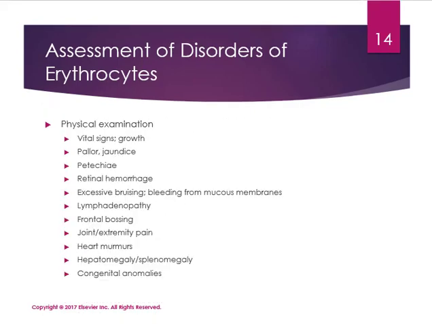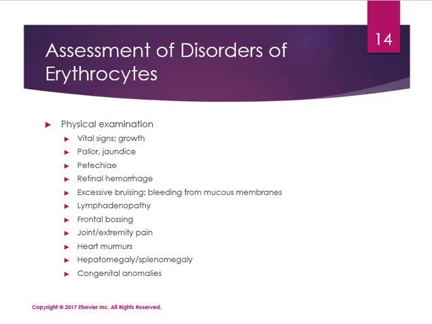On physical exam, you want to, of course, assess vital signs, compare growth charts, and see patterns that you have noted. Notice any pallor or any jaundice. Notice for petechiae, retinal hemorrhage, any excessive bruising or any bleeding from the mucosal areas, any lymphadenopathy, any issues with the frontal bossing, joint or extremity pain, any heart murmurs, any enlargement of the liver or spleen, and note for any congenital abnormalities.